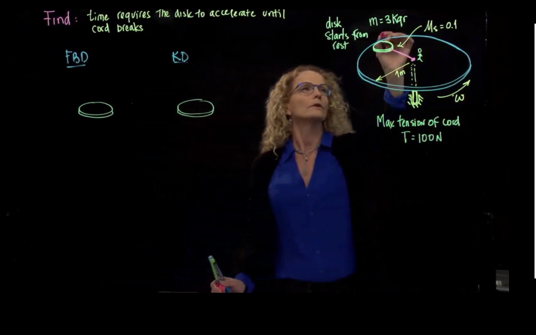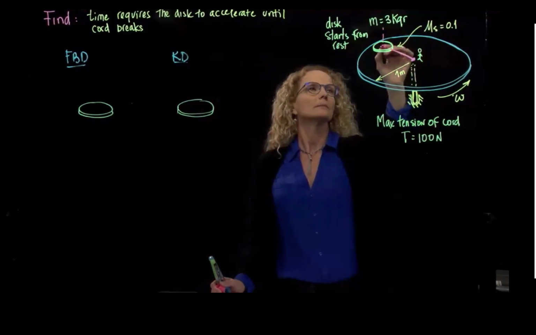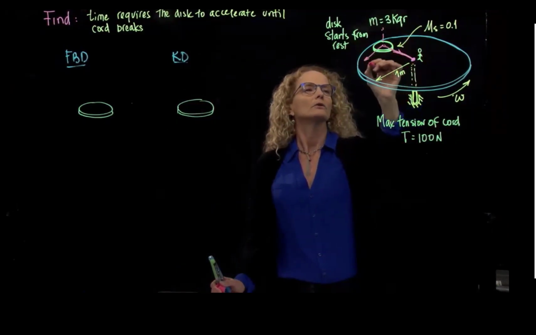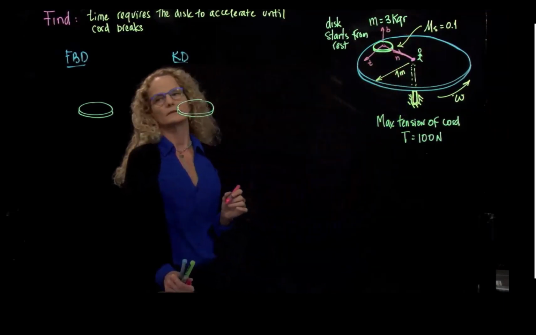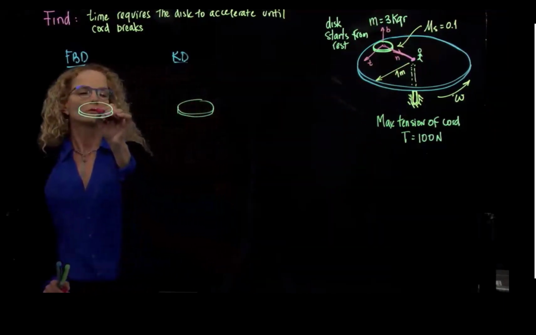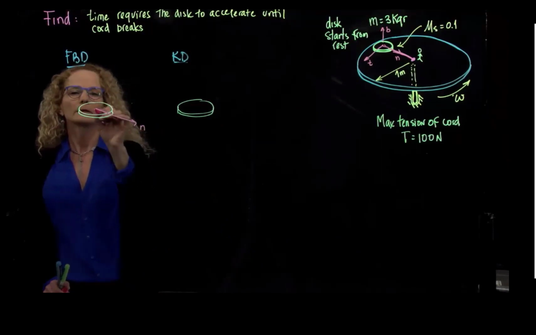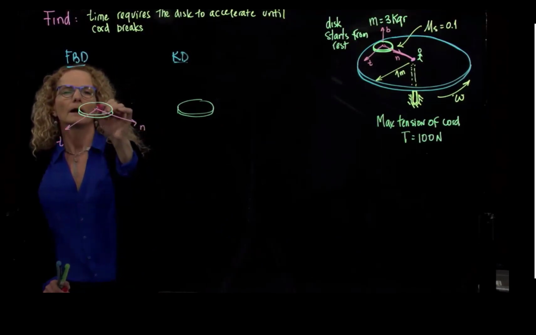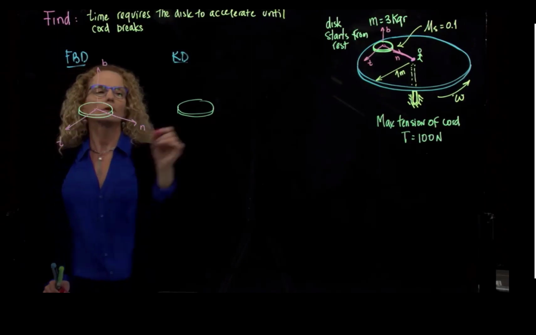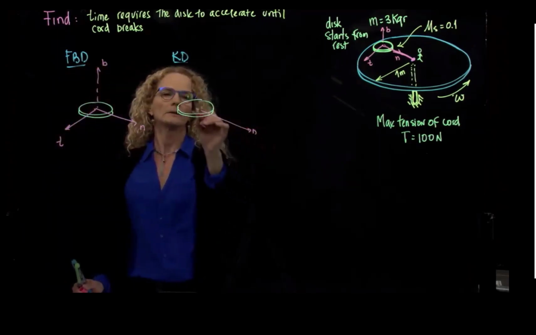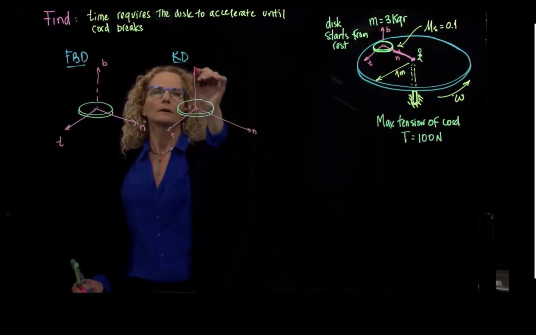Since this is moving in a circular path, I will use tangent, normal, and vertical coordinate system. So here I will use a normal, tangent, and vertical, and here too, right? My normal, my tangent, and my vertical.